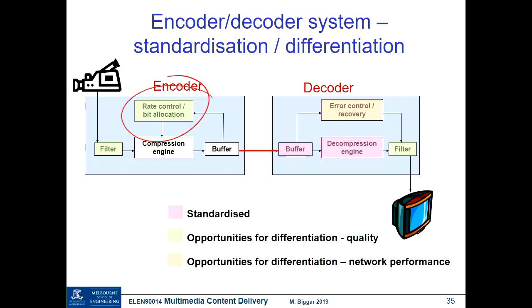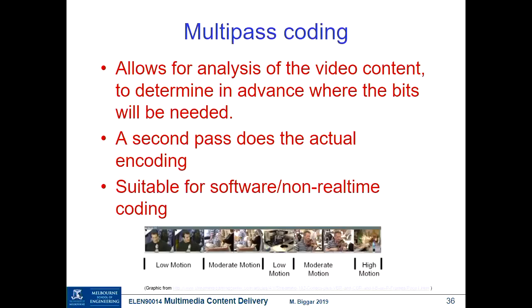There might be this big scene change coming next, or a high action part of the picture, and I might need a lot of bits for it. So I want to make sure that I can allocate them in the most intelligent way. And one way to allow you to do that is if you know what's coming first, and you can know what's coming first if you do multi-pass.